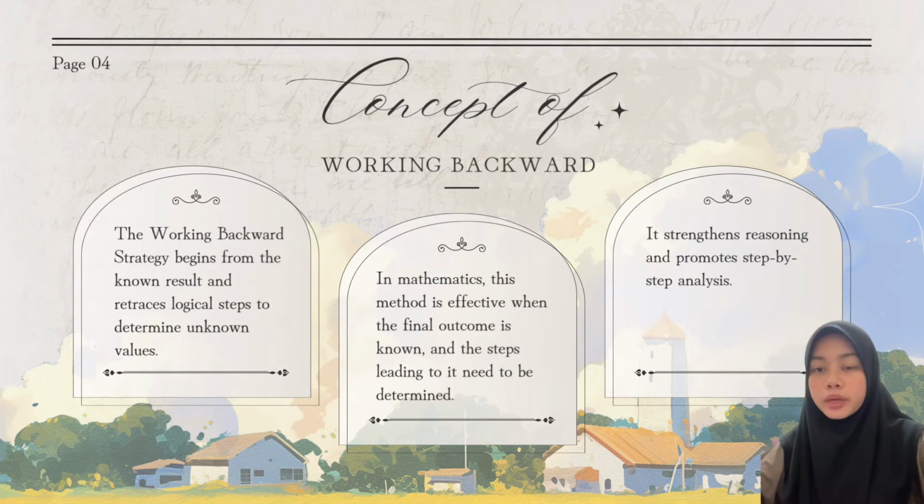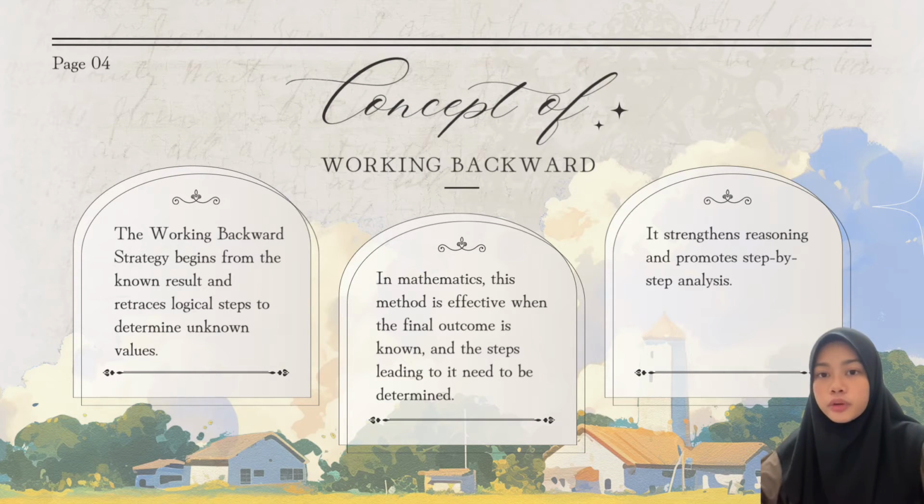Concept of working backward. First, the working backward strategy begins from the known result and retraces logical steps to determine the unknown values. The working backward strategy is a logical and organized way to solve problems. The second one, in mathematics, this method is effective when the final outcome is known and the steps leading to it need to be determined.